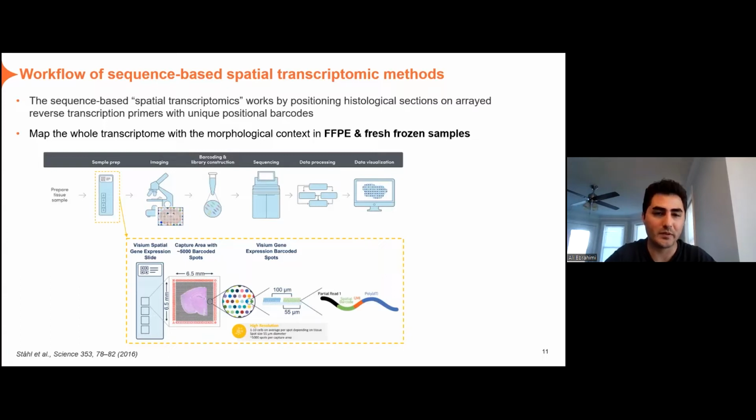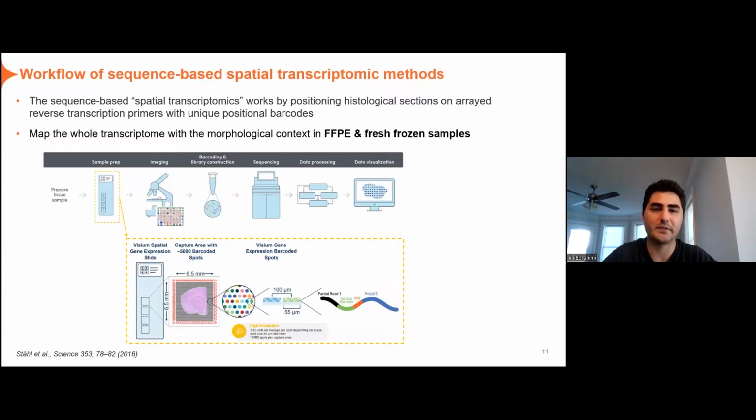And so technically you are going to get spatial resolution level information. The challenge is, this method is very widely used, but the only problem is it's not at single cell level. Within that 55 micrometer spot, you can have, for example, 1 to 10 cells.